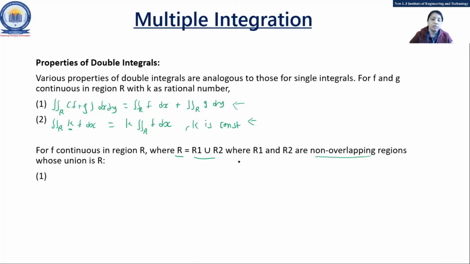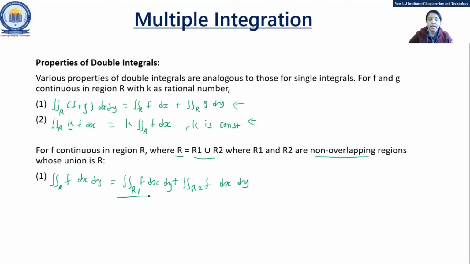If you take the union of the two, it will be R. So the integral over region R of f dx dy can be written as the integral over R1 plus the integral over R2 of f dx dy.